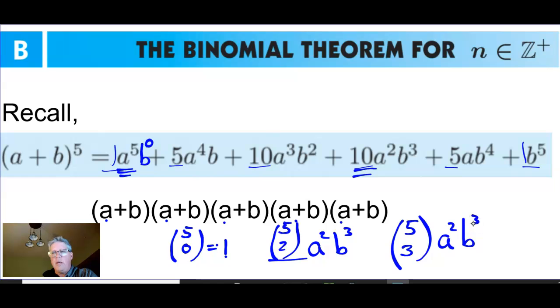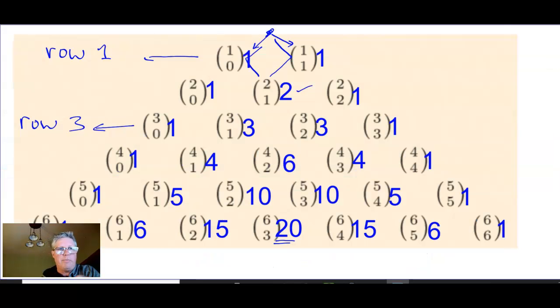So does it matter which one I say I'm choosing? If I pick the two A's or the three B's, I'm basically separating that group into the two A's or three B's. However I count that is going to be the same. And to notice that there's some symmetry about this is really important. In fact, let's take a look at that.